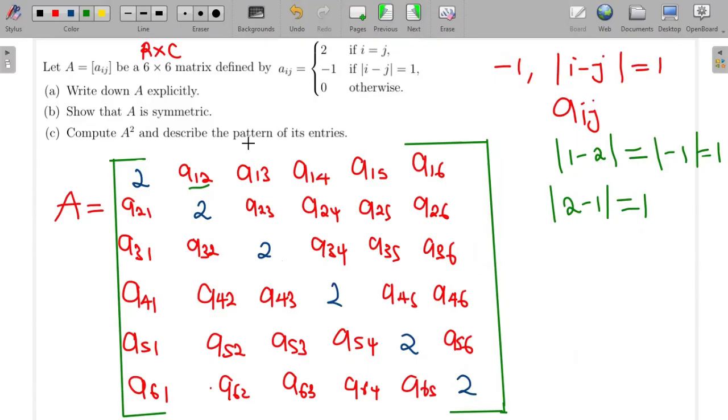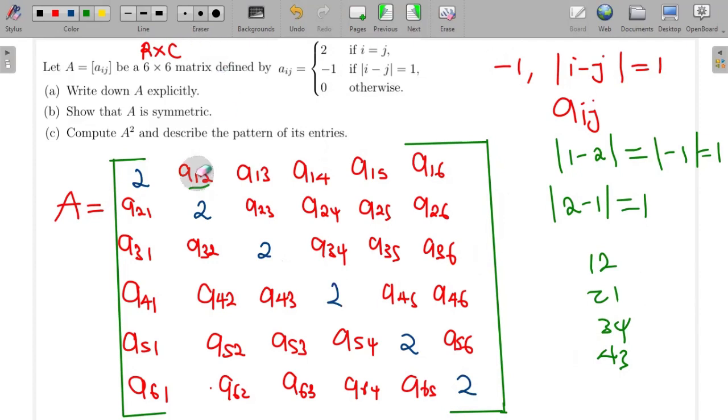So I'm going to replace all the entries that have consecutive numbers, like 1 and 2, or 2 and 1, 3 and 4, 4 and 3, all those numbers that have a difference of 1. It doesn't matter if it's negative or positive because the modulus makes them positive. I'm going to replace all those entries with a -1.